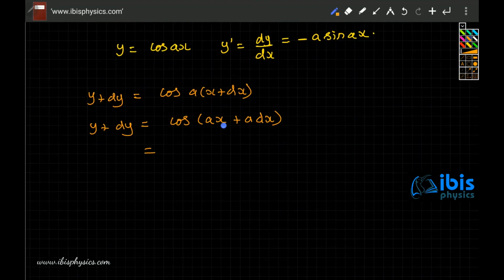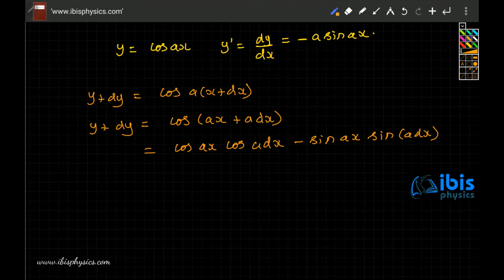Then multiply here, cos of a plus b is cos a cos b minus sin a sin b. So in the previous video we have seen that when you multiply something with a small value, that also becomes small.